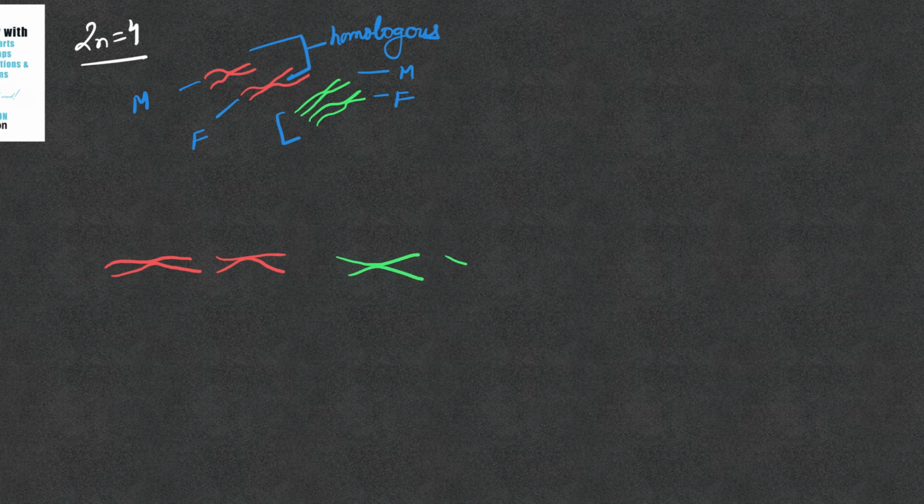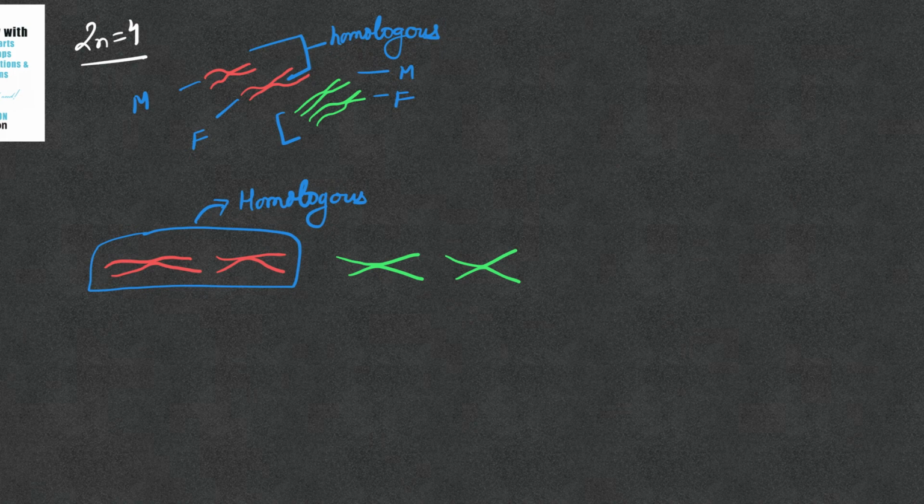I'm trying to make them look similar, but just in case, these two are homologous. When they are homologous, their morphology must be similar, they must look alike. Here I have used color to communicate that they are homologous, and the same is the case here. What will happen next?